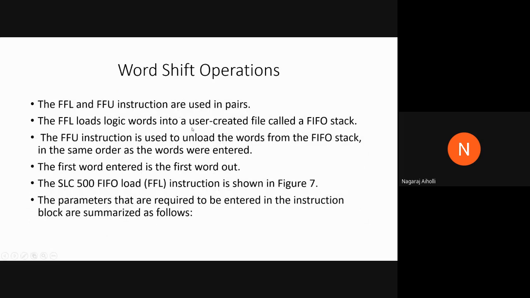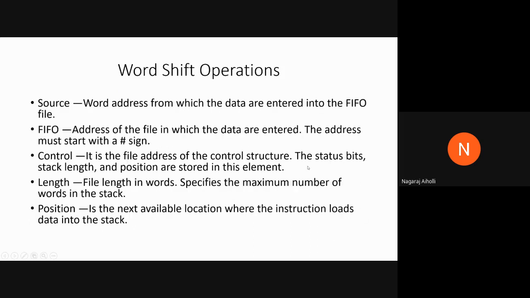FFL loads logic words into the FIFO stack, and FFU instruction unloads the words from the FIFO stack. Then we have the various parameters of the word shift operation such as source, FIFO, control, length, position. Almost these parameters are similar for the sequencing operation, for the bit shift operation, and also for the word shift operations.